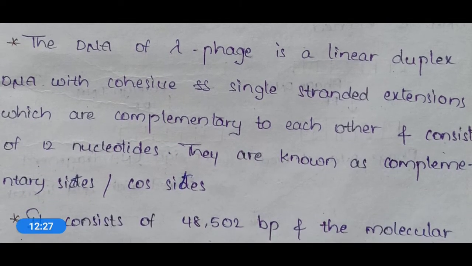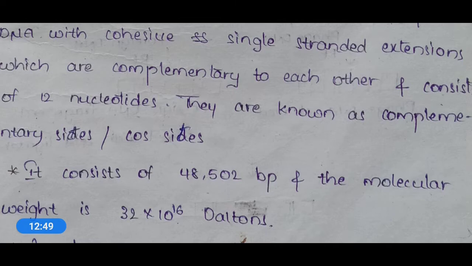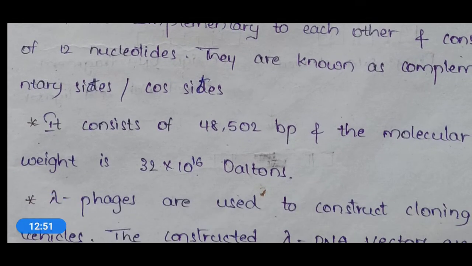We call them complementary sites or cos sites. And these lambda phage vectors are made up of around 48,502 base pairs, and the molecular weight is 32 into 10 to the power of 6 daltons.